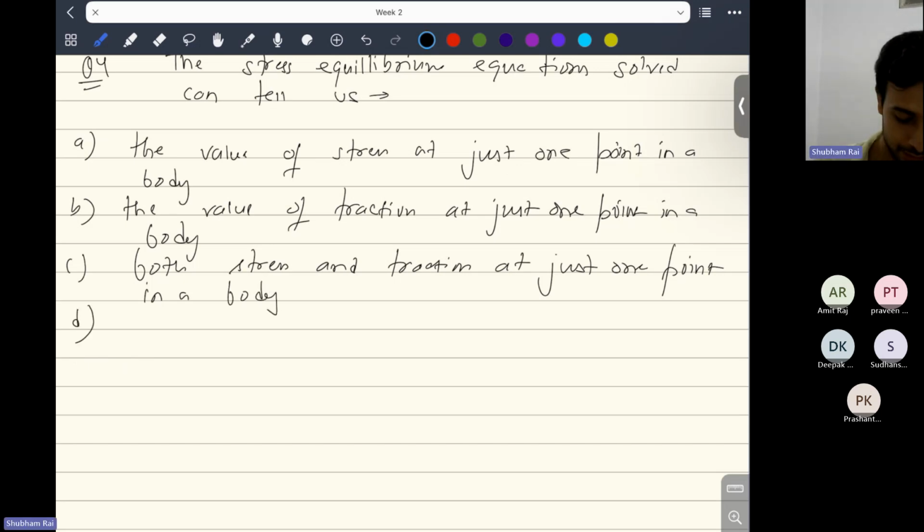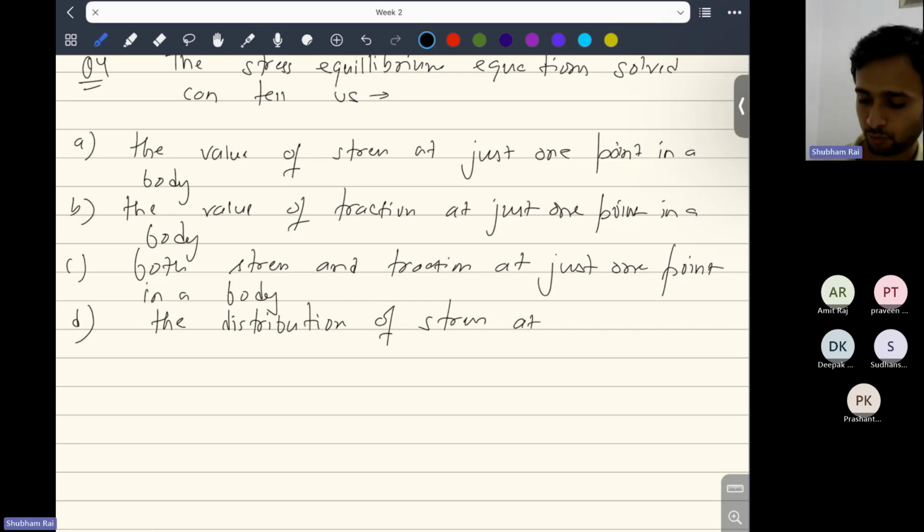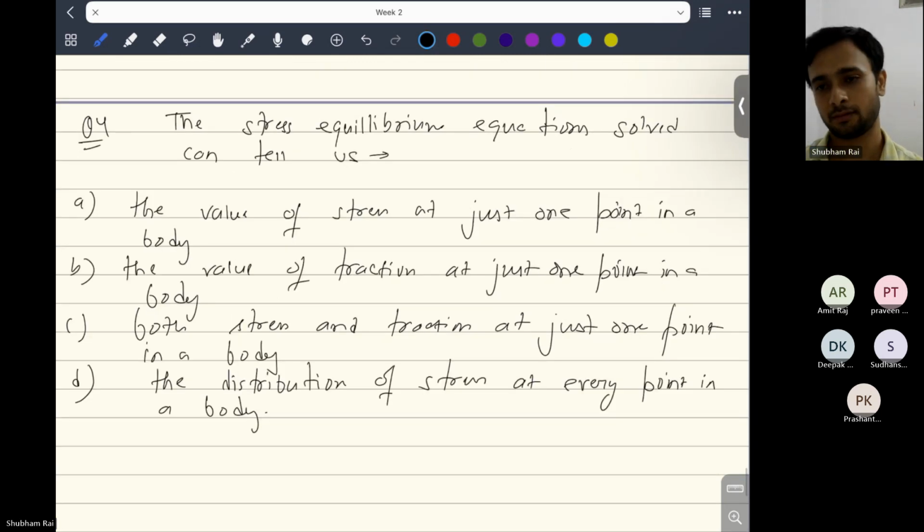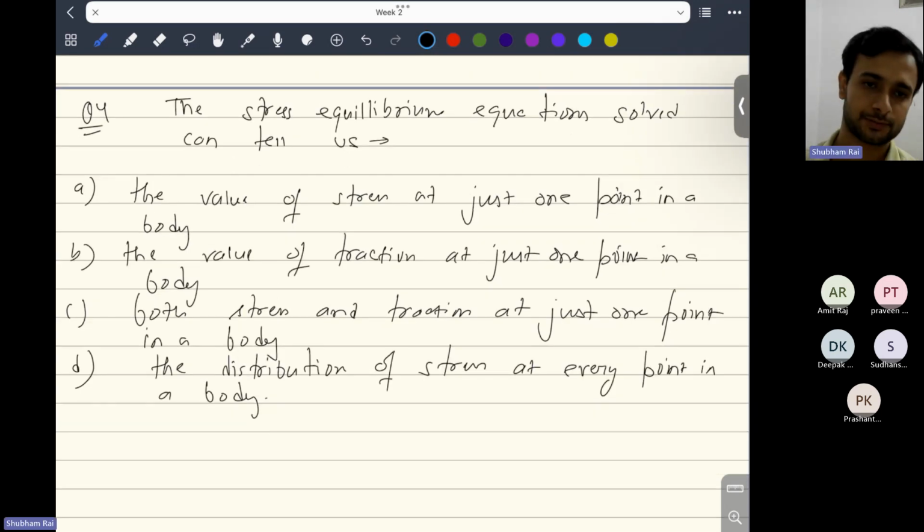And option D is the distribution of stress at every point in the body. So what do you think? What should be the right answer?